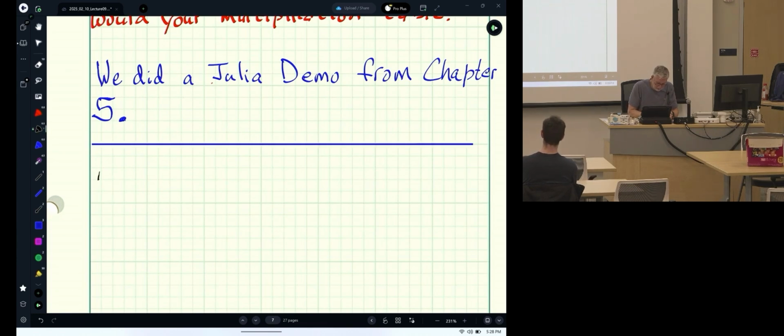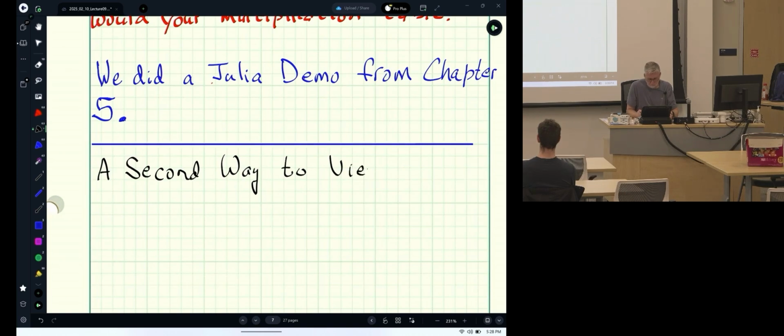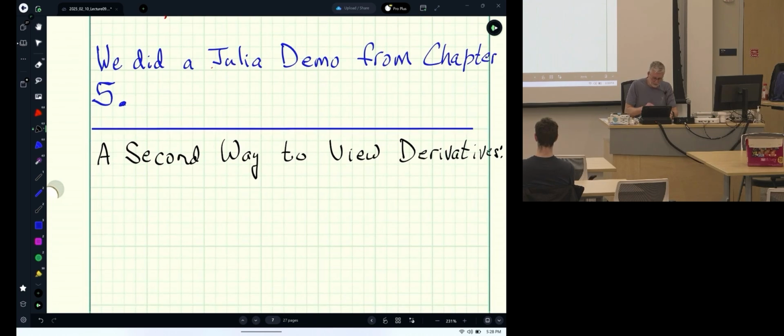Let's now look at a second way to view derivatives. And that says local linear approximations of functions.